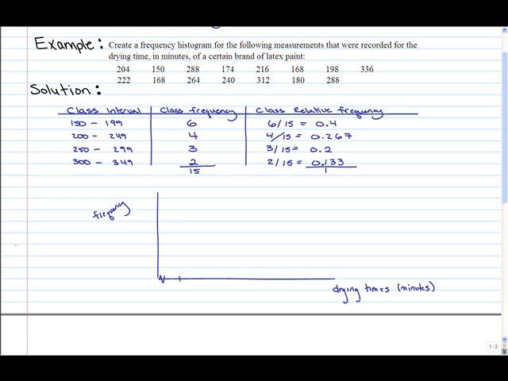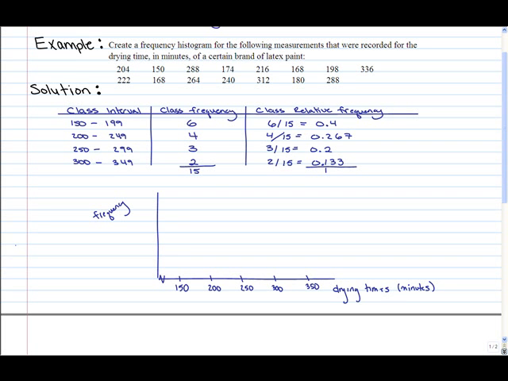What you're going to first do is put your class intervals on the x-axis. Now you'll notice this isn't starting at 0, so keep that in mind. Our first class is from 150 to 199, so I'm just going to go up to 200, and then we're going to jump to 250, and try to make your class widths roughly the same size, and then finally end at 350.